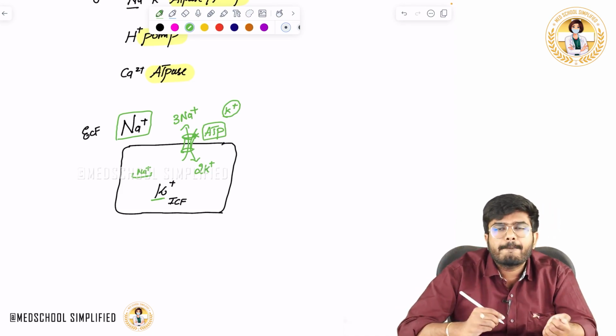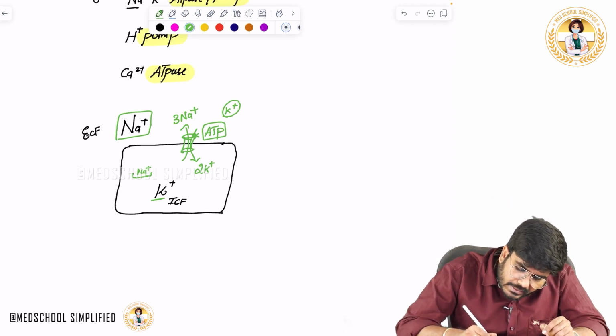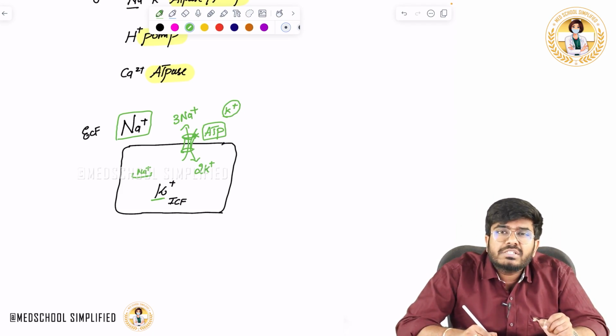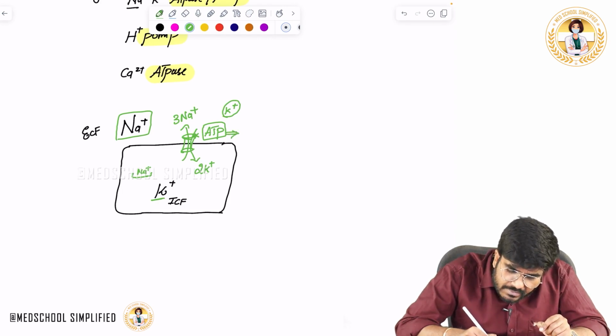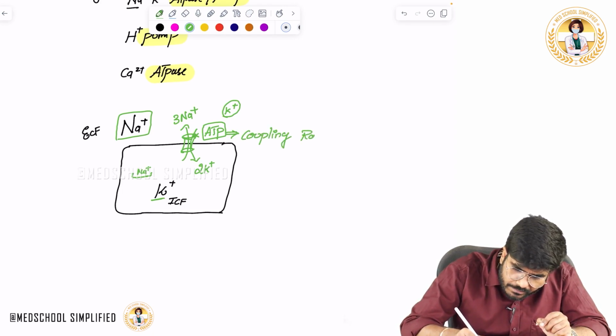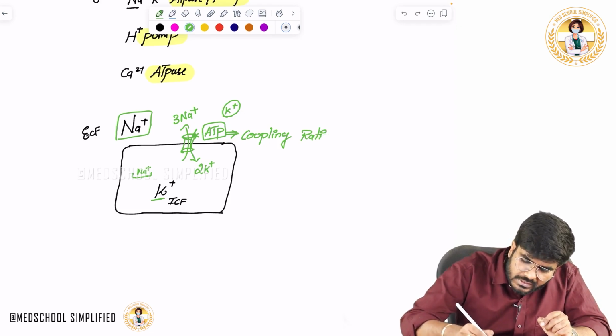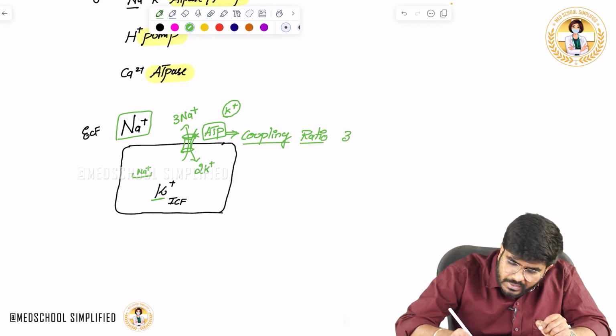So it is an antiport. What I want you to know is the coupling ratio. They have asked this question in many exams. What is the coupling ratio? 3 sodium is going out and only 2 potassium is coming in, so the coupling ratio is 3:2.